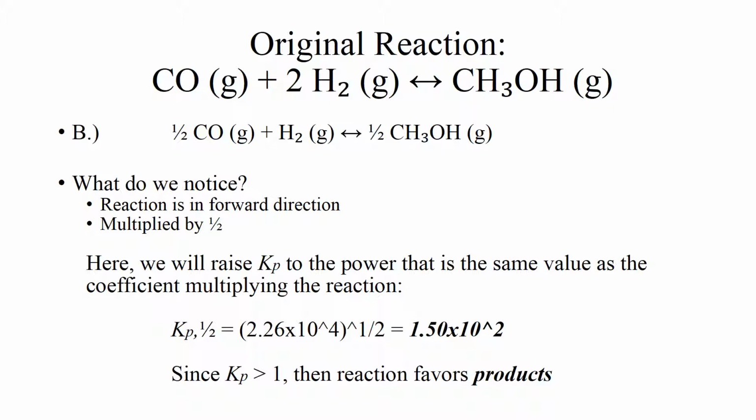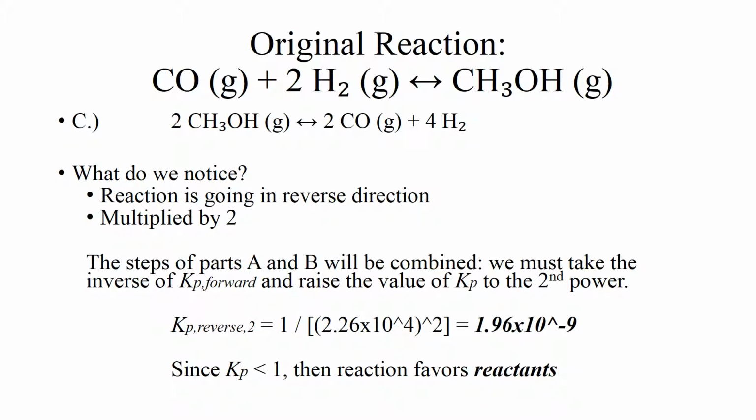Here we will raise Kp to the power that is the same as the value of the coefficient multiplying the reaction. So Kp 1/2 equals 2.26 times 10 to the fourth, all raised to the 1/2, which gives us a value of 1.50 times 10 to the 2. Since Kp is greater than 1, then the reaction will favor the products.